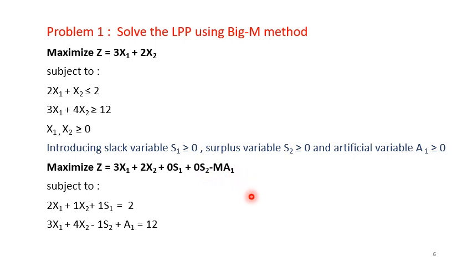So let us see how the simplex table looks now. Here there are 5 variables and 2 constraints.